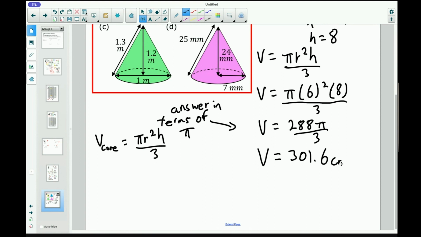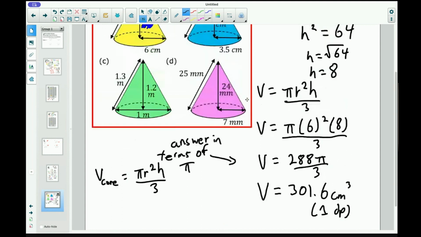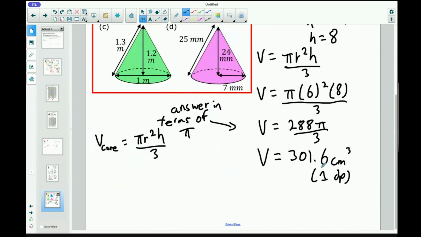This was, I think, centimeters cubed to 1 decimal place. Because I didn't really specify, I've just decided 1 decimal place because I'm the boss here. So hopefully that part makes sense with the cones, at least for the volume of cones.